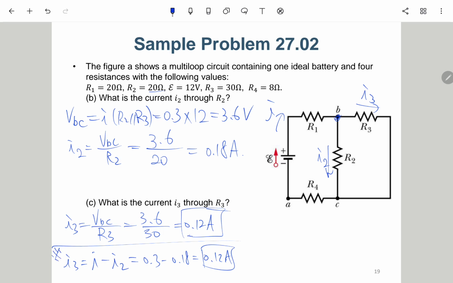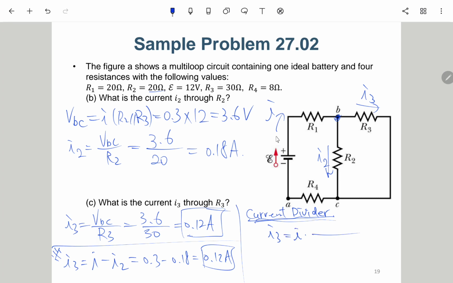Or actually, we can use something called a current divider. Current divider is a bit more advanced, but the idea is that I3 will be I times something.